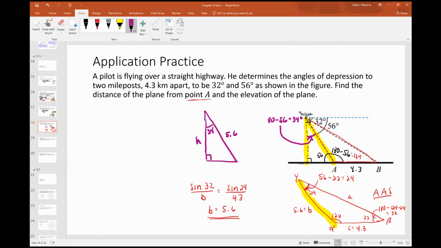Yes, I think we do, because if we use the cosine of 34 degrees, since cosine is adjacent over hypotenuse, the cosine of 34 degrees is equal to h over 5.6. So h is going to be 5.6 times the cosine of 34 degrees. I'm going to have to look that up real quick on my calculator. Let's see what that is.